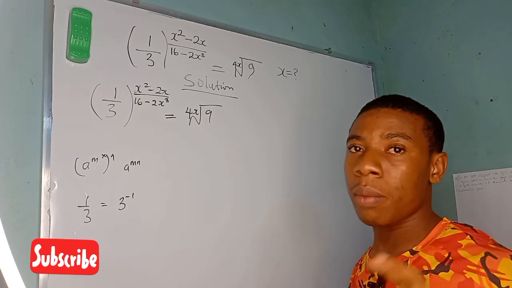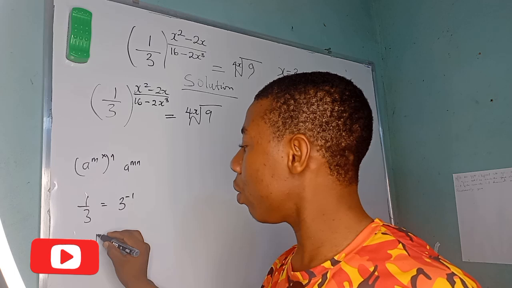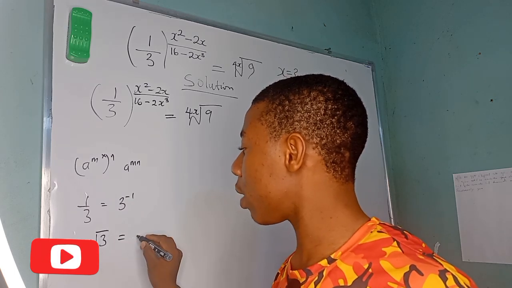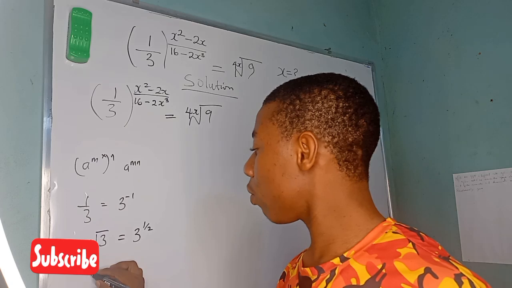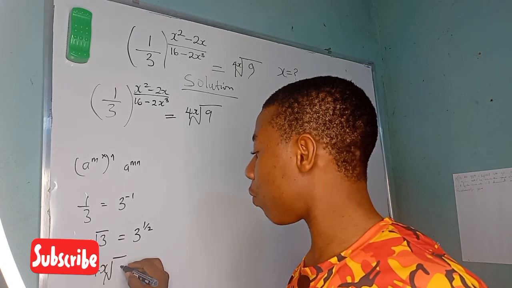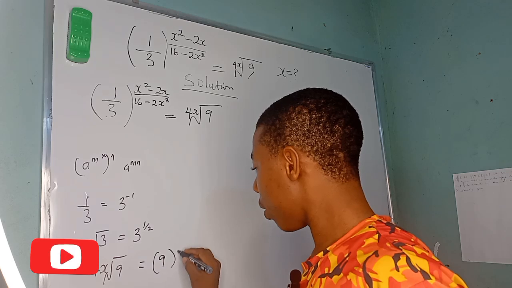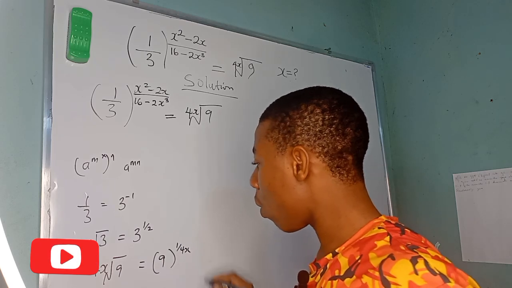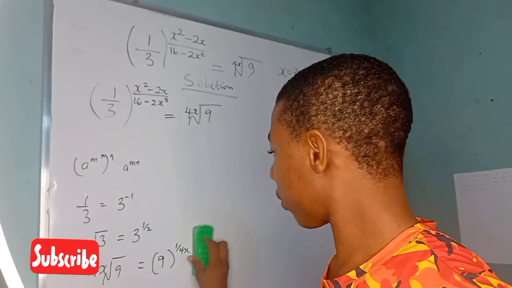And according to the fractional law of indices, the square root of 3 is the same as 3 raised to power 1 over 2. So the 4x-th root of 9 is the same as 9 raised to power 1 over 4x. You get it, right? So let's proceed.